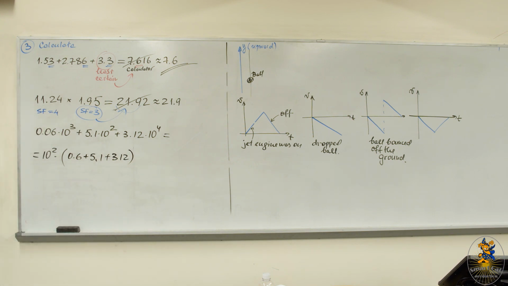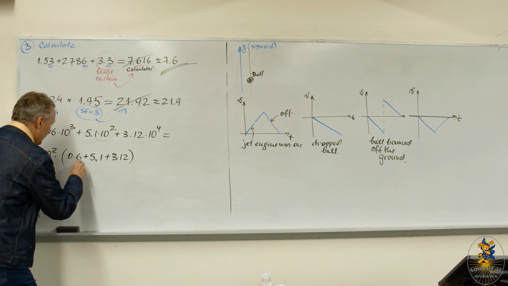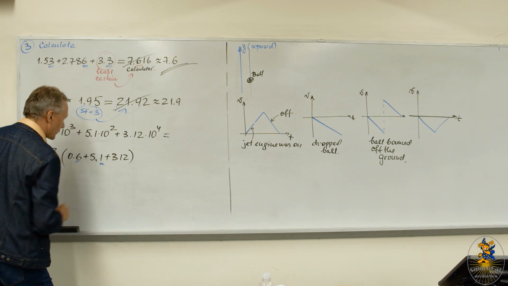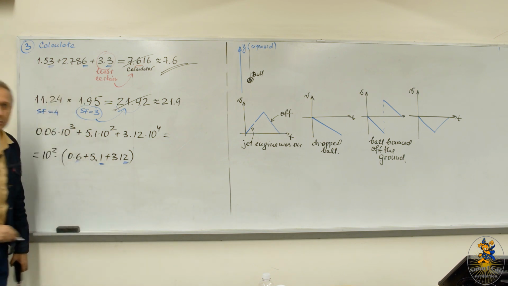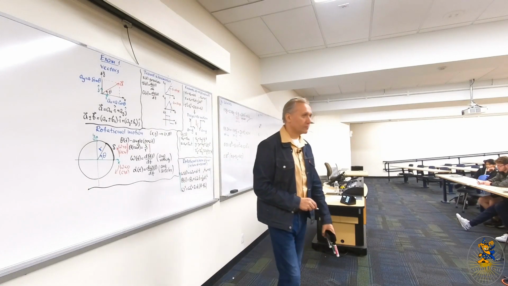And now, the same rule like here, because there's no level of uncertainty over here. So now we just need to apply this rule. We need to look at the level of uncertainty of each of these numbers: first digit after the decimal point, first digit after the decimal point, and the first digit before the decimal point.